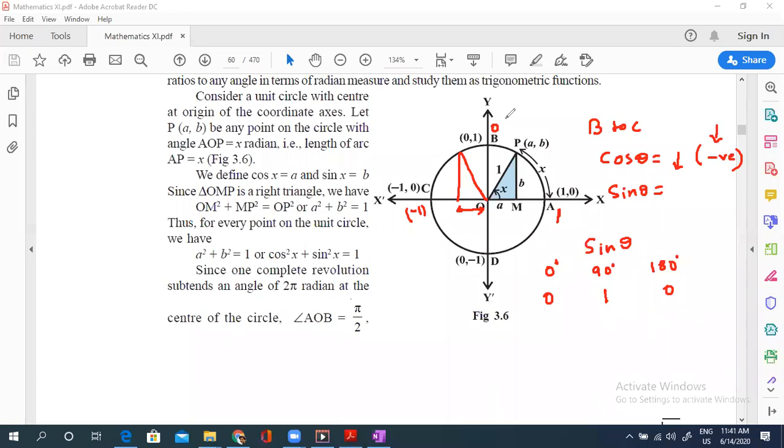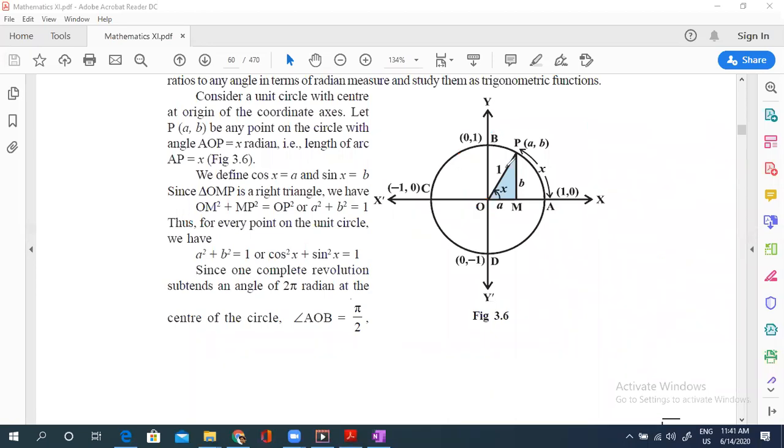Okay, I'll rub this then. Now tell me, we know that in the first quadrant, what will be the sign of sin theta, cos theta, and tan theta? Sin theta is positive or negative in the first quadrant?